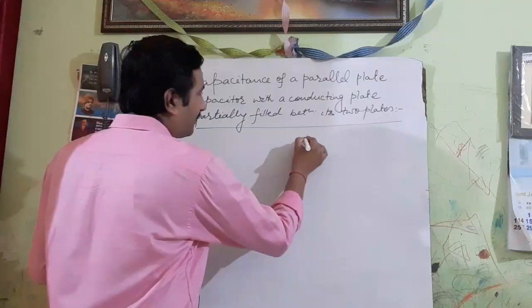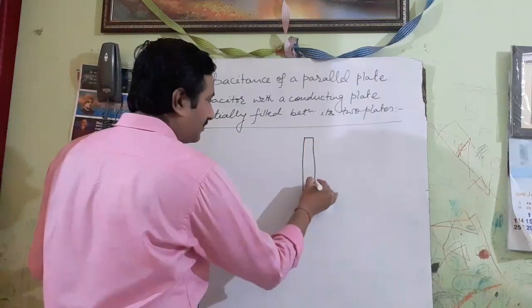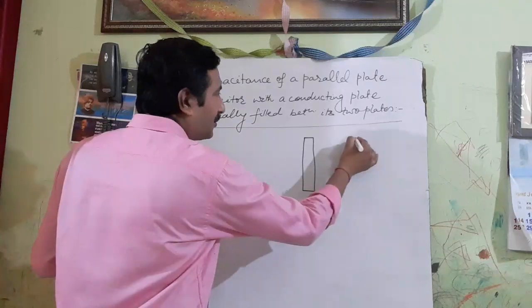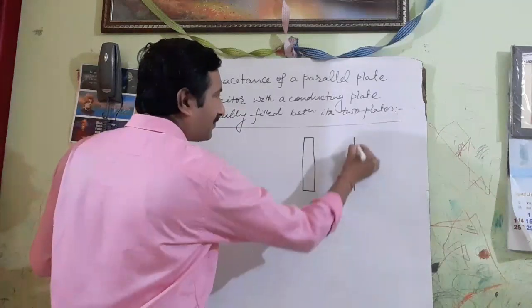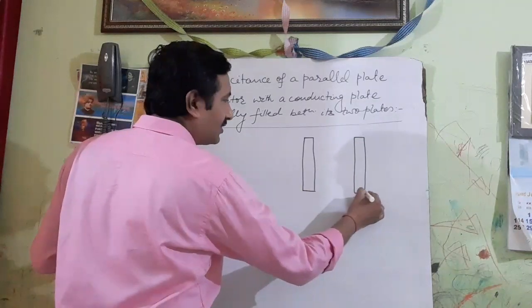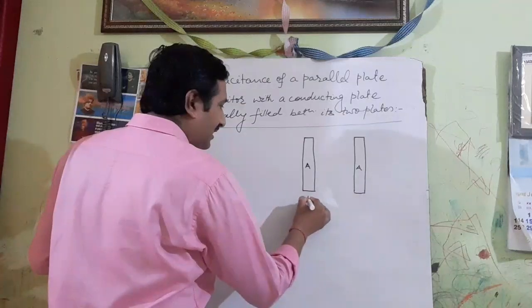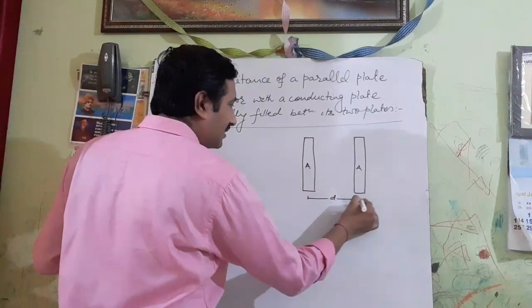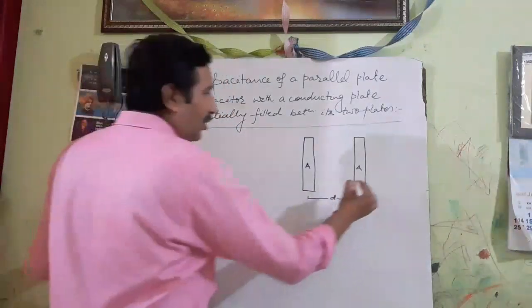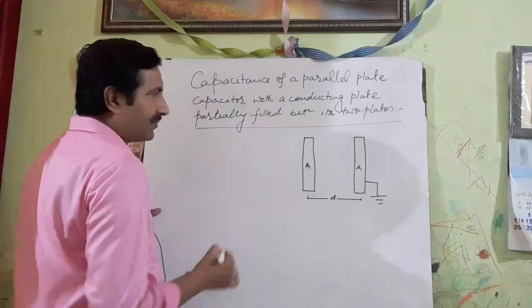Suppose here is a parallel plate capacitor with two plates of area A each, separated by a distance d, of which one plate is earthed.